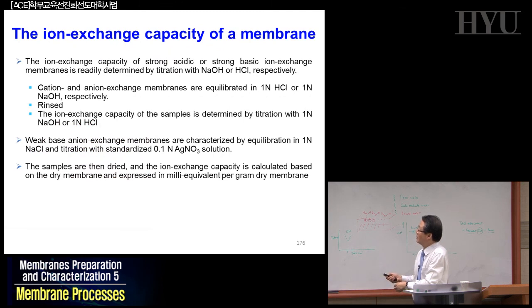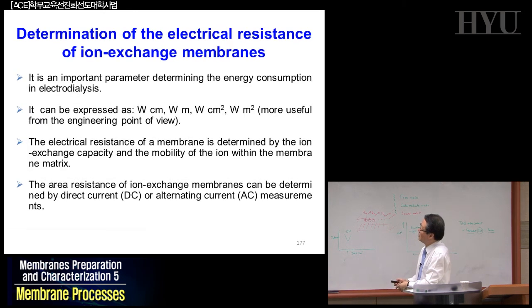IEC of the membrane can be measured by titration with sodium hydroxide or HCl. So using the titration method, you can measure the ion exchange capacity. Okay? We can determine the electrical resistance. Electrical resistance of the membrane can also be very important.